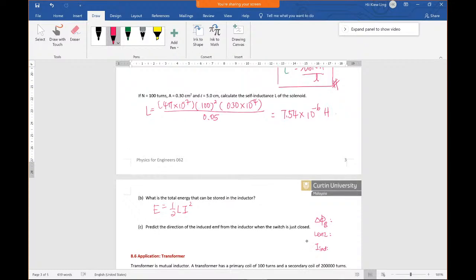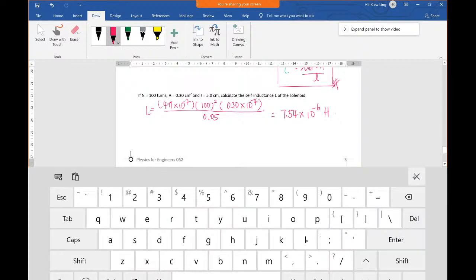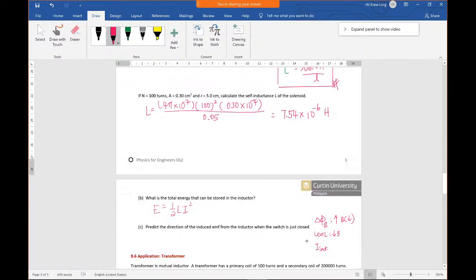So observe the change. When the current flows through, there will be an increase of the magnetic field which is going downwards. So in order to oppose the change, you have to decrease the magnetic field which is going downwards by producing magnetic field which is going upwards.